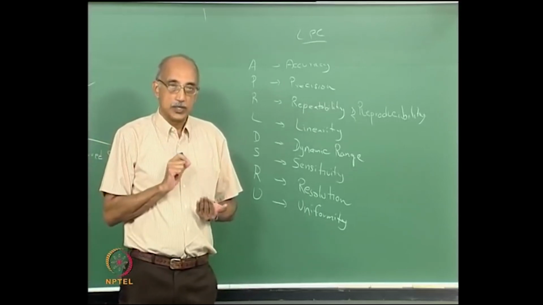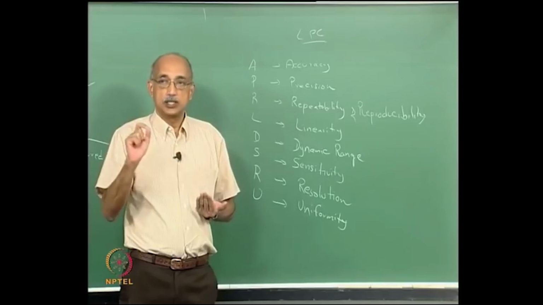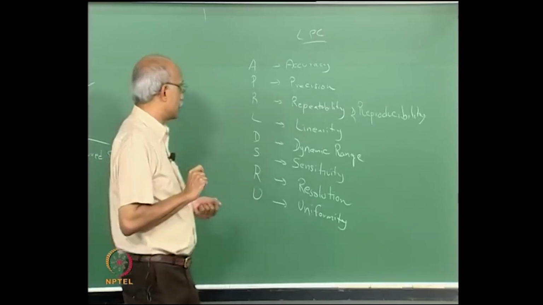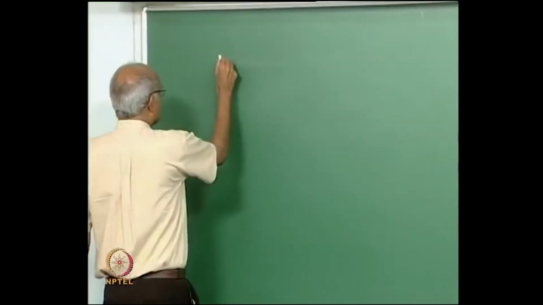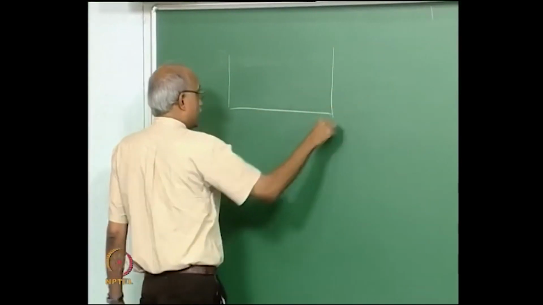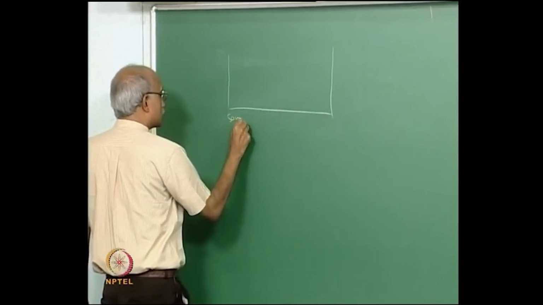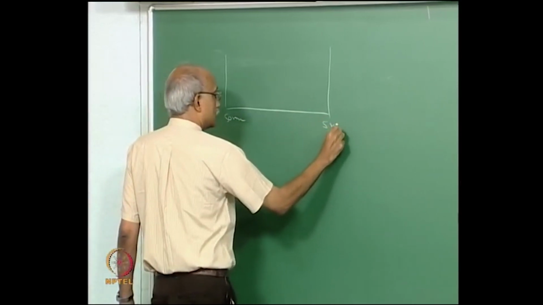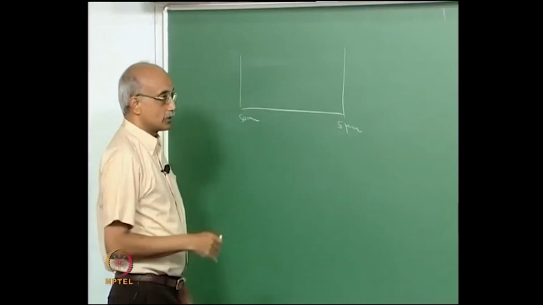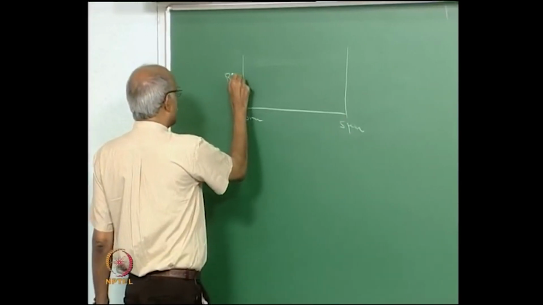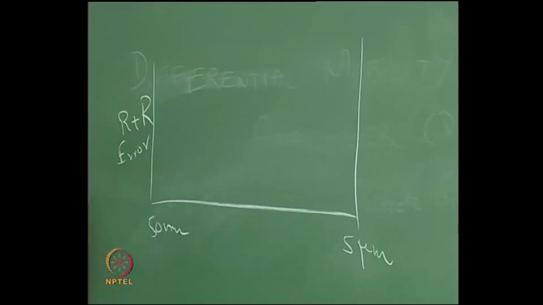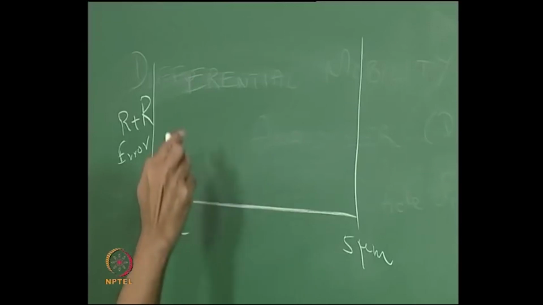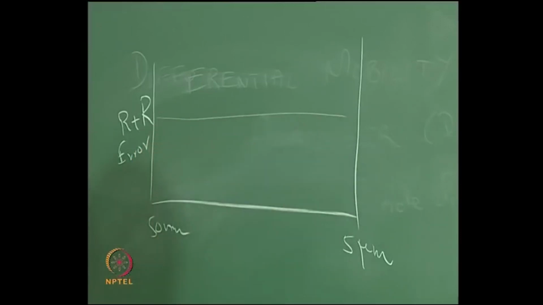However, what we would like to see is that it is not a nonlinear dependence. So, for example, if you measure over a size range of, let us say, 50 nanometers to 5 microns, and let us say that you are measuring repeatability plus reproducibility error as your metric. What I'm trying to say is this will not remain constant over this entire size range.